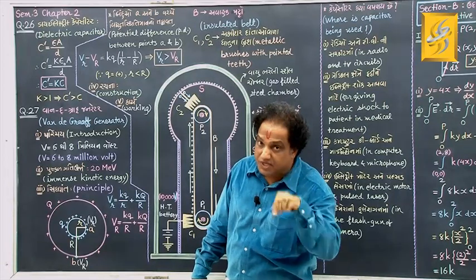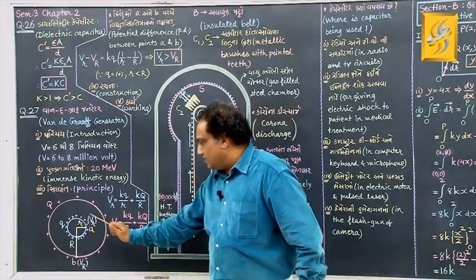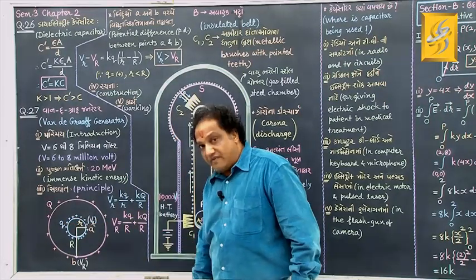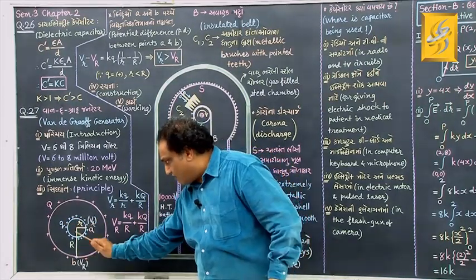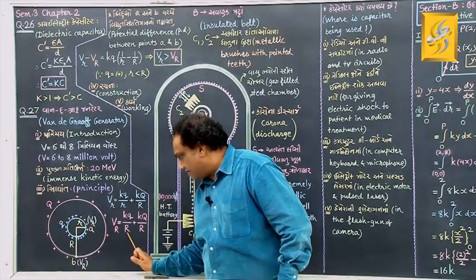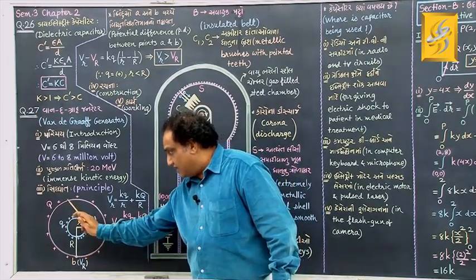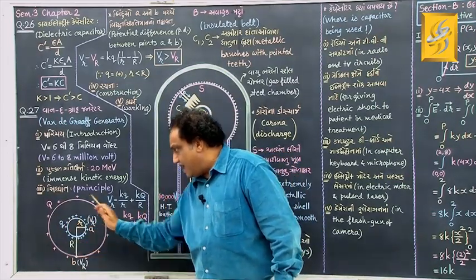K into charge upon distance, K into this charge small q divided by the distance of this point from the common center, and it is capital R. Plus the potential at the same point due to this big spherical shell.